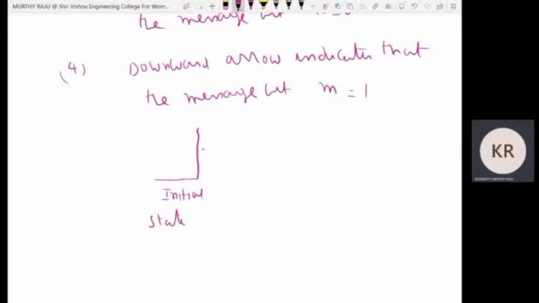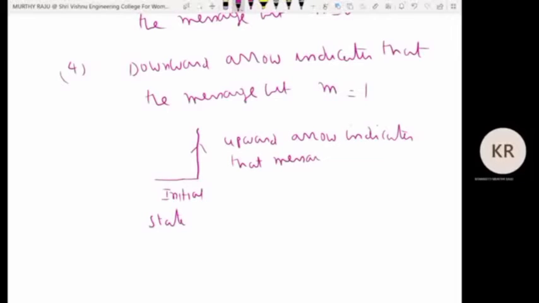Upward arrow indicates that message bit M is equal to 0.